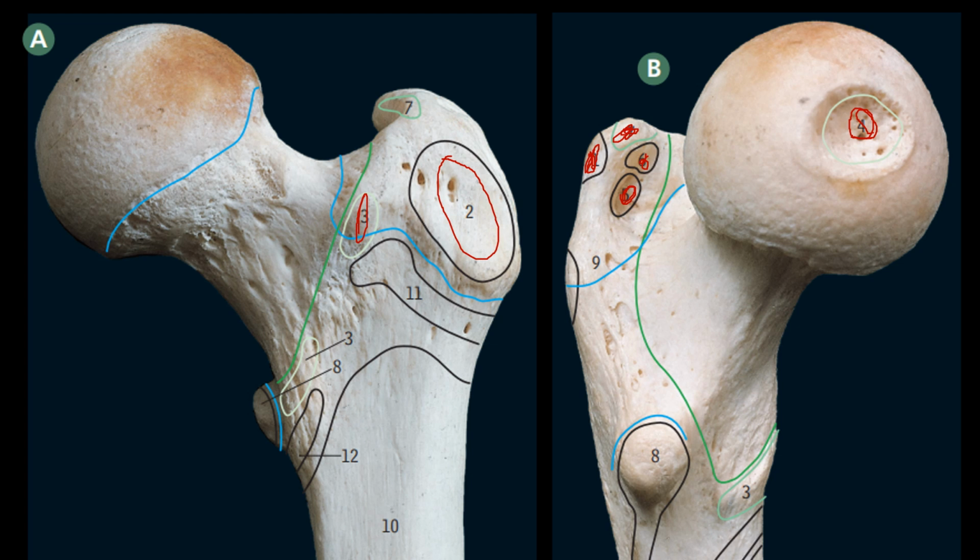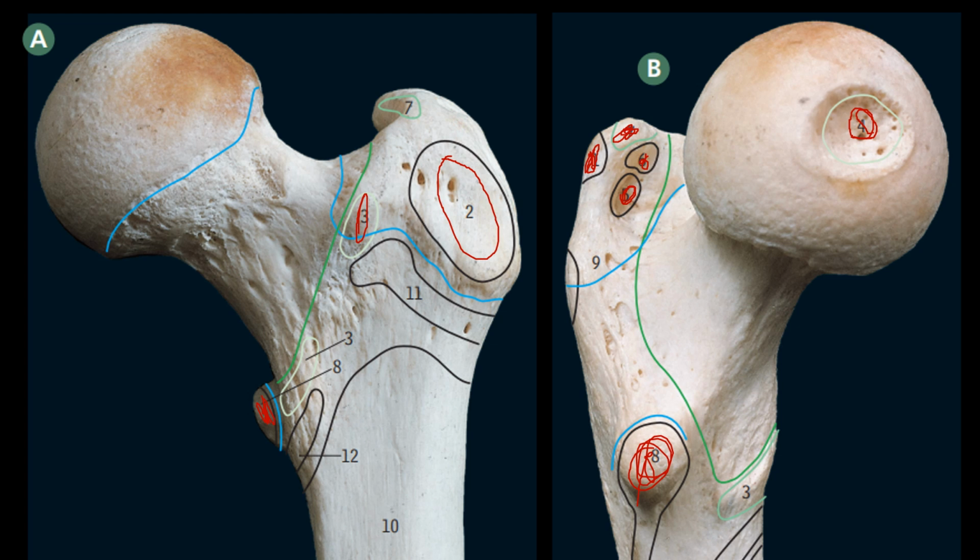Another is the psoas major and iliacus, number 8. The psoas major muscle inserts on the apex of the medial part of the rough anterior surface, and the iliacus muscle inserts on the anterior surface at the base of the trochanter, on the area below it.